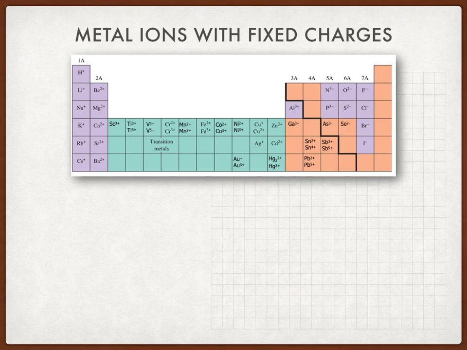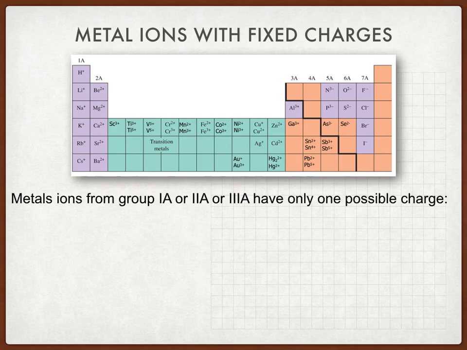So metal ions, some metals have fixed charges. We already know group 1A and group 2A have fixed charges. Some do not. Okay, so metal ions from group 1A, 2A, or 3A, right, have only one possible charge: +1 for group 1A, +2 for 2A, and +3 for 3A.